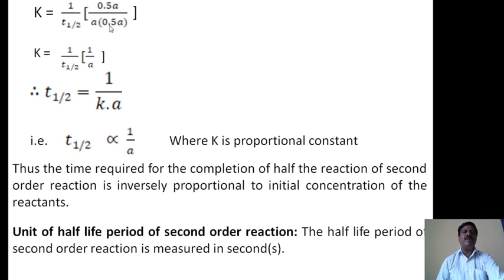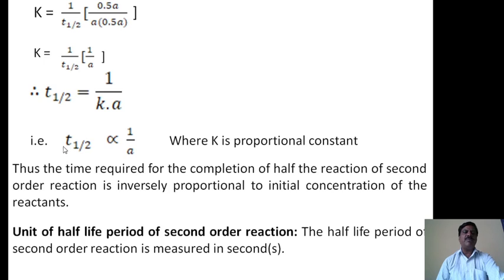This 0.5 a gets cancelled, therefore it remains a. Therefore k is equal to 1 divided by t half into 1 divided by a, or this can also be written as t half is equal to 1 divided by k into a.